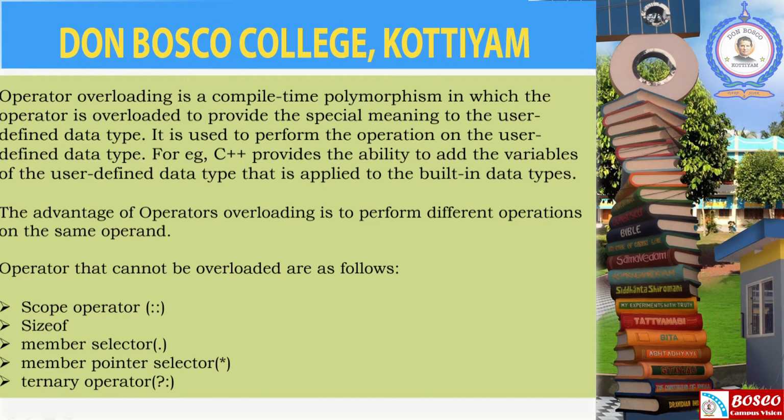Operator overloading is also a compile time polymorphism, and operator overloading means providing special meaning to the user defined data type. We have already studied in detail about operator overloading with example, and operator overloading means we will be giving an additional meaning to the existing operator.